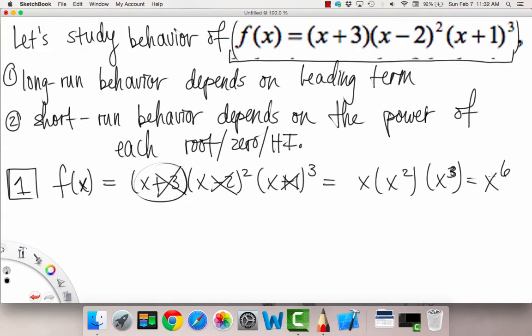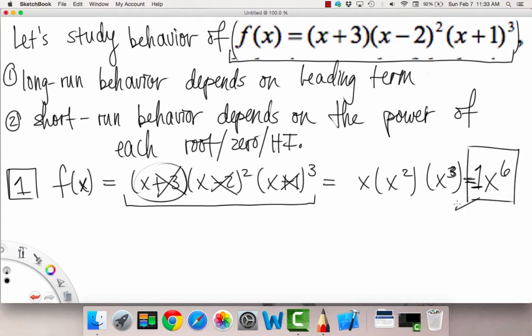And so this ultimately is going to be our leading term. If you were to take this whole expression for our polynomial and multiply everything out, distributing the numbers as well, you would find that the leading term is a 1 in front, so positive 1 x to the 6th. Okay? So this is our leading term, and like I said in point number 1, this determines the long-run behavior of our polynomial.